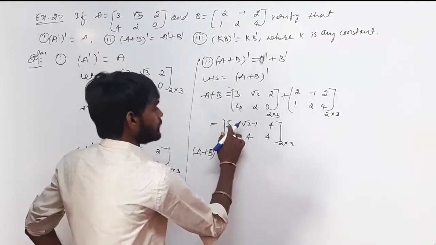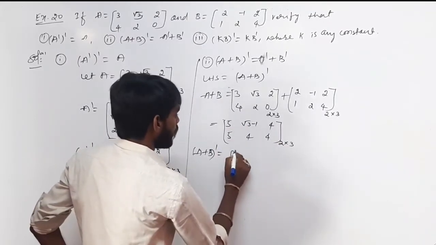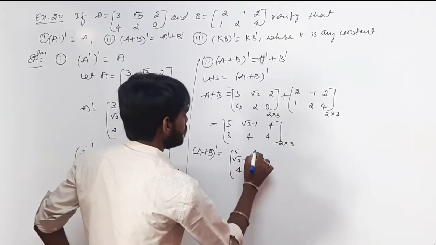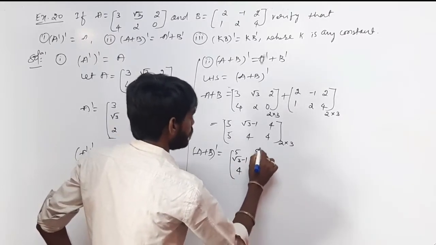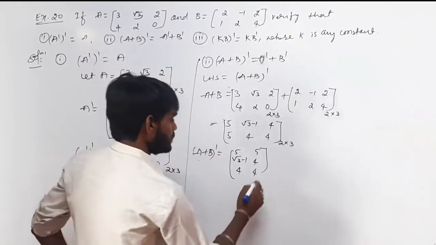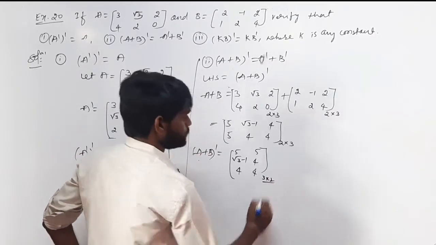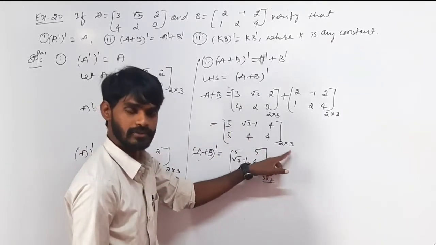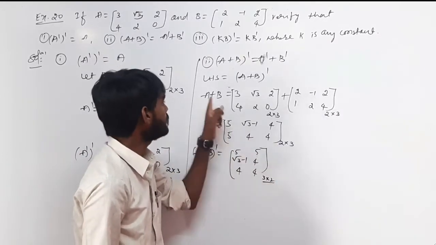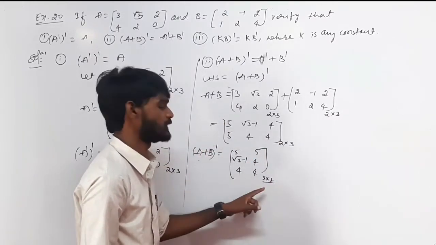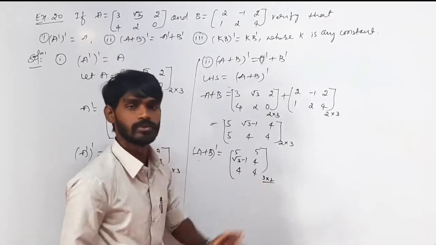So here these rows we can write in a column: 5, root 3 minus 1, 4, 5, 4, 4. So this is A plus B whole dash. This order will be 3 cross 2. Look here, A plus B has order 2 cross 3. After applying the transpose, A plus B whole dash has order 3 cross 2.